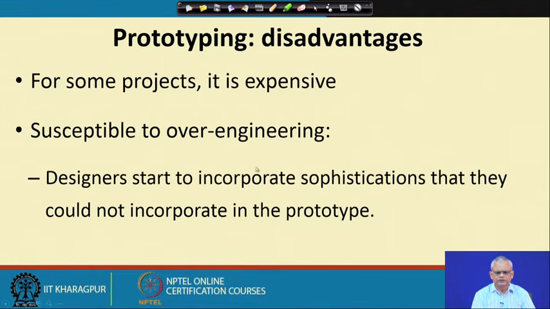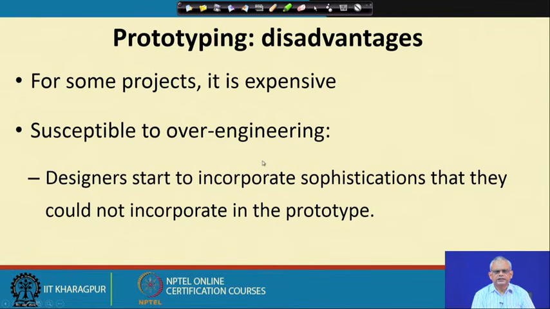Another difficulty with the prototype model is over engineering. Once the developers develop the prototype, then they start to incorporate sophistications they did not incorporate into the prototype, and even if some features are not required, they might be tempted to do it because they had experience in writing a simple prototype.